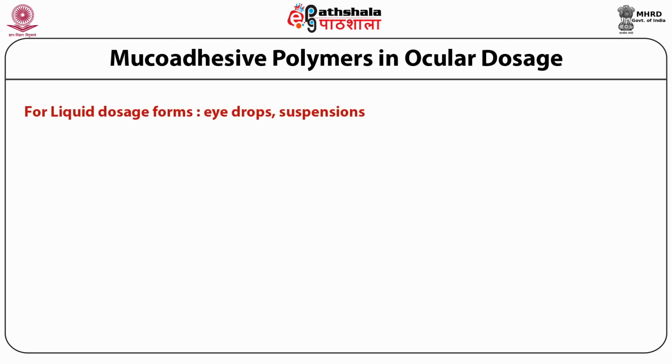Starting with the liquid dosage forms, which are primarily found in the form of eye drops or suspensions, we can have a list of polymers which can be very effectively used for this particular purpose. The first and foremost polymers of choice include the cellulose derivatives, which primarily enhance the viscosity of the ocular dosage formulation.